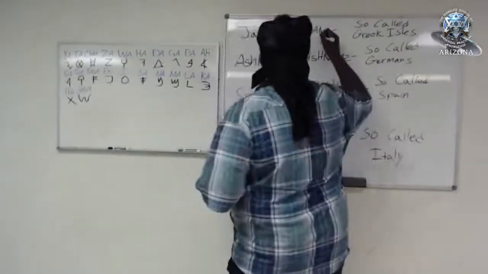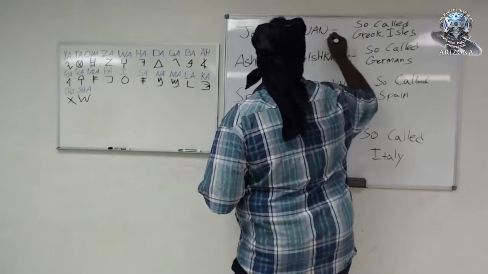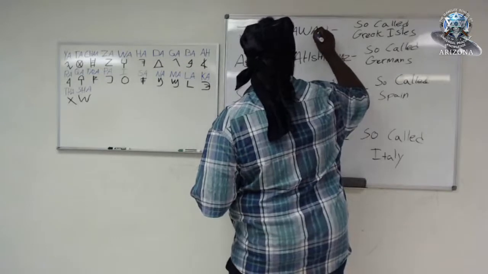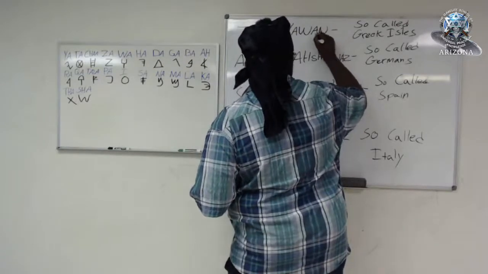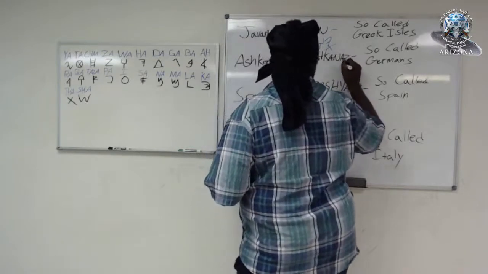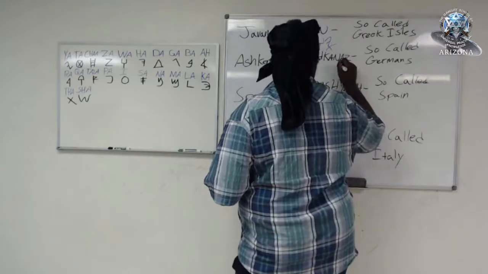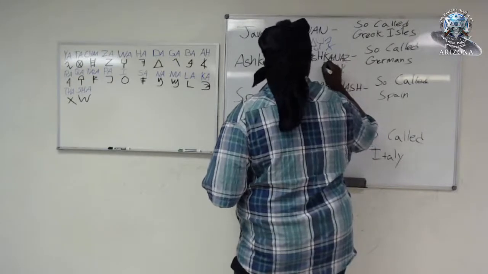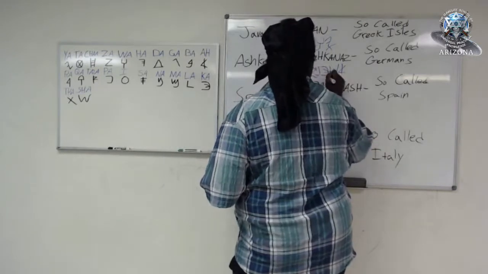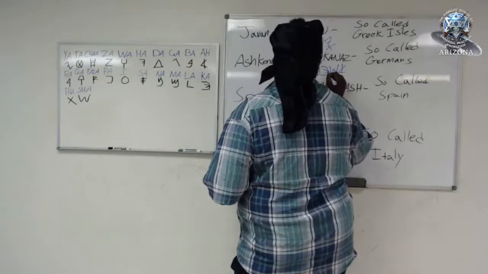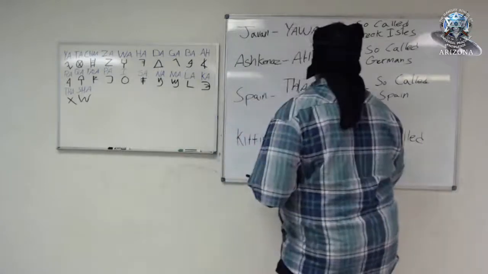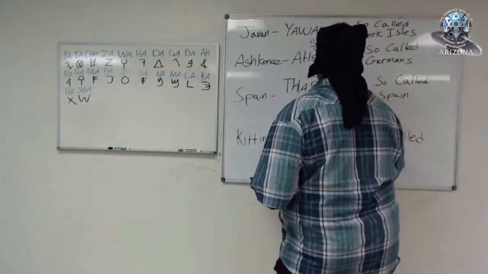Right. We have again Javan right here. Yawan in Hebrew. These are so-called Greeks. Ashkenaz. Darash Yash.